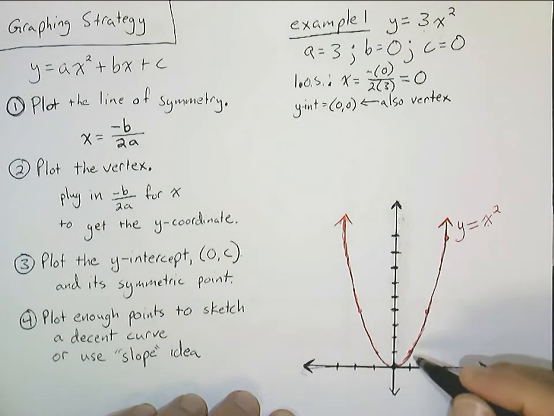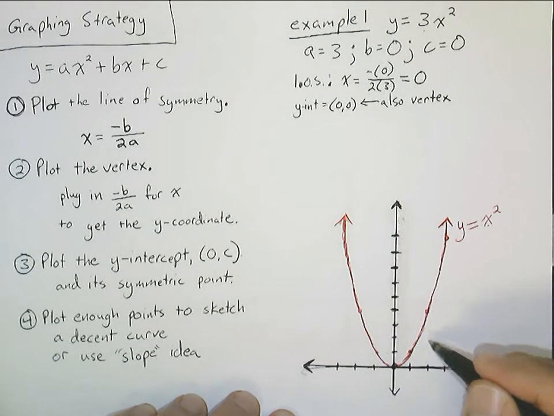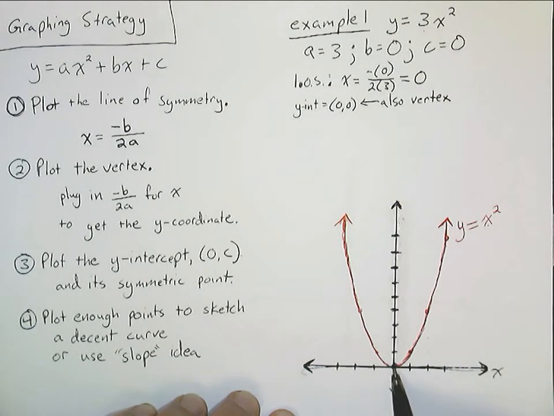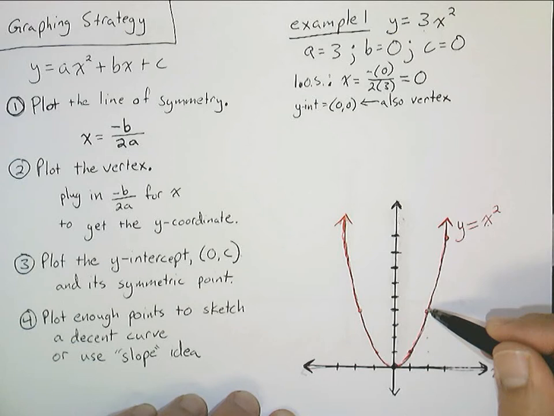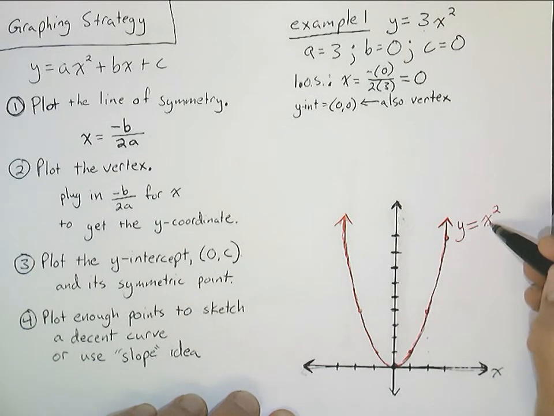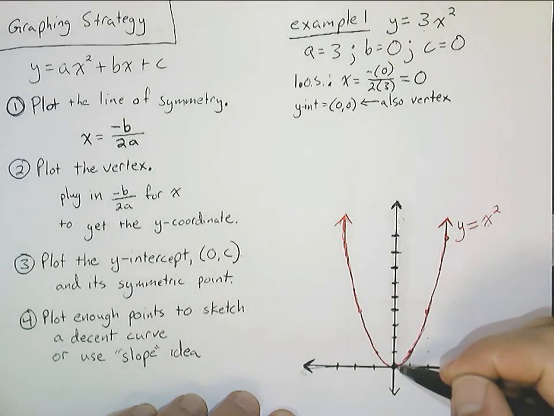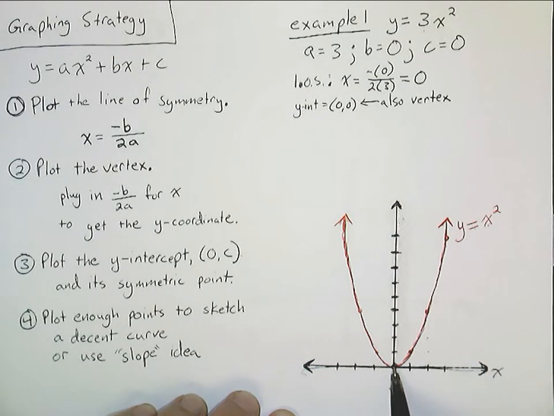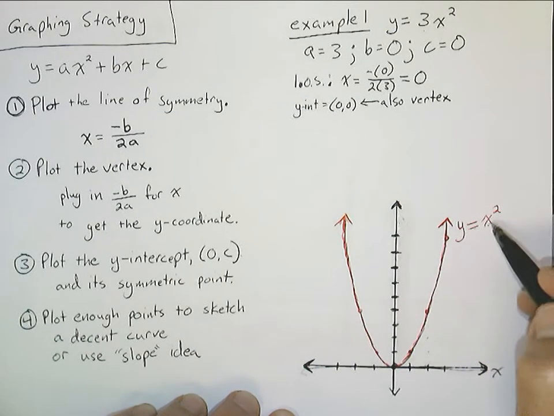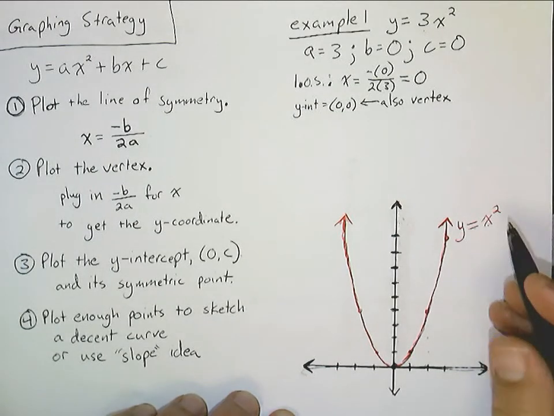But then, remember, this is not a line, so it doesn't go over 1, up 1 again. We have to think about going over 2 from the vertex. And then we would go up 4 to land back onto the parabola. Because if we plug in 2 for x here, 2 squared is 4. So over 1, up 1, over 2, up 4. Same thing to the left side. Over 2, up 4, because the square of negative 2 is also 4.